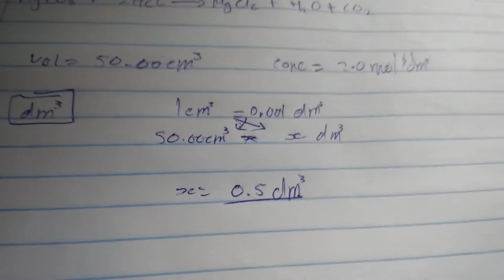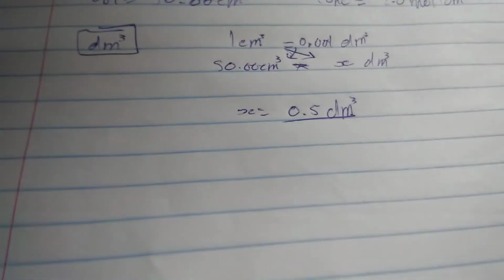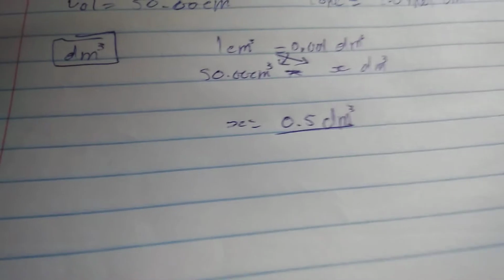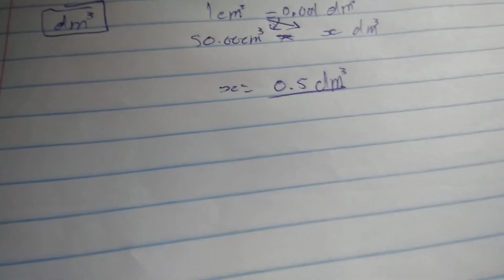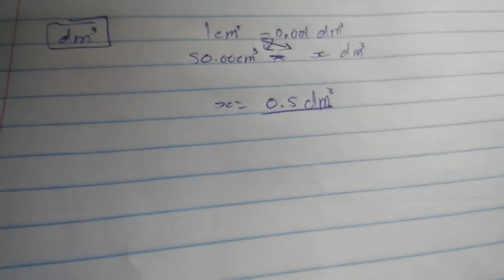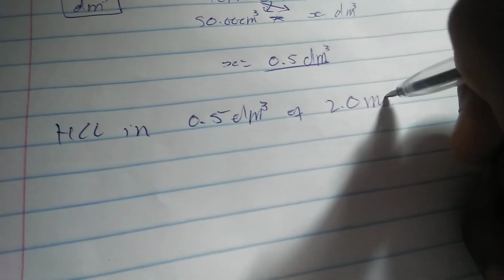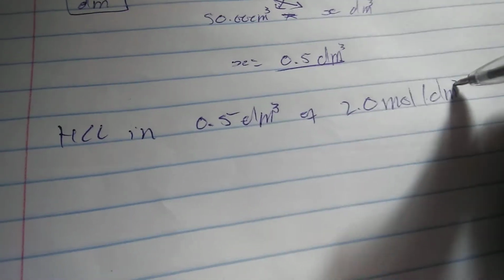which has a concentration of 2.0 mole per decimeter cubed. Now our first question says, calculate the number of moles present in the volume of 0.5 decimeter cubed of 2.0 mole per decimeter cubed of hydrochloric acid. You have to find the moles of HCl in 0.5 decimeter cubed of 2.0 mole per decimeter cubed. Find the moles.